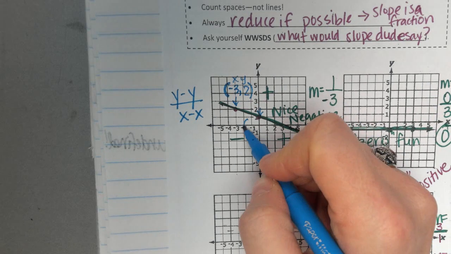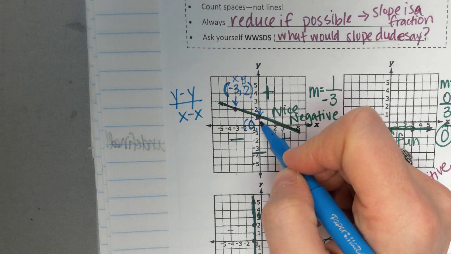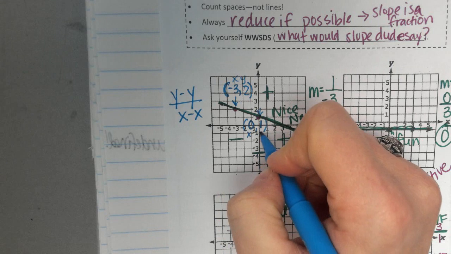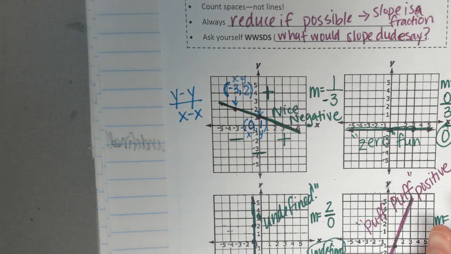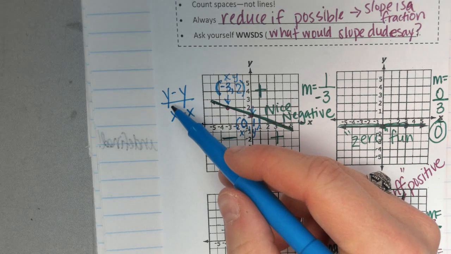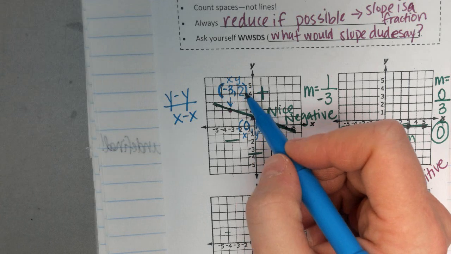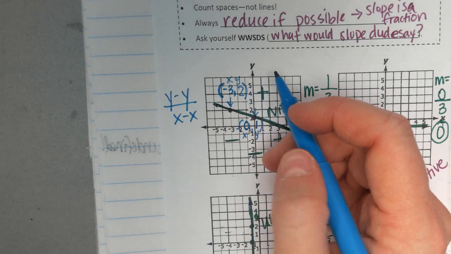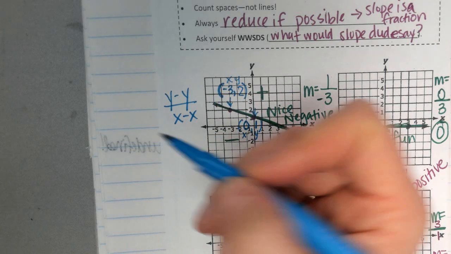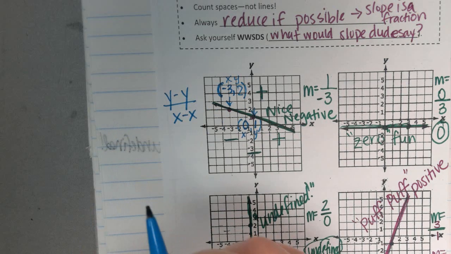And then this point right here is x is 0 and y is +1. We're going to plug those into the formula we just wrote. It doesn't really matter which one you put first. We're just going to start with this dot over here because it's left to right. It'll give you the same answer.